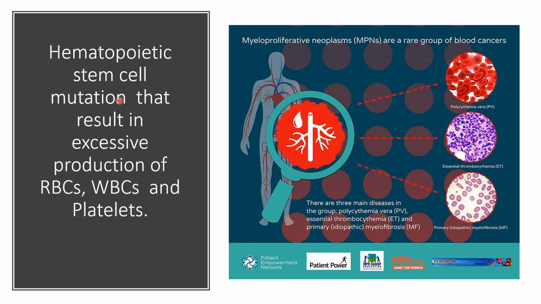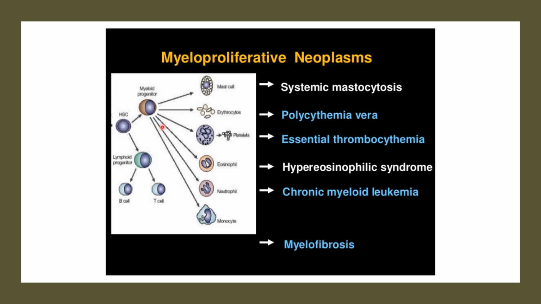What happens is the hematopoietic stem cell undergoes mutation that leads to the excessive production of the different cells. It can be an excessive growth of red blood cells, white blood cells, and/or platelets. Since the bone marrow stem cells are the ones primarily affected, any of the resulting cell lines may be affected as well.